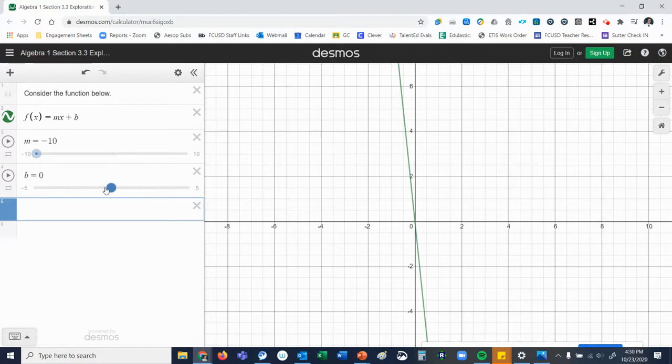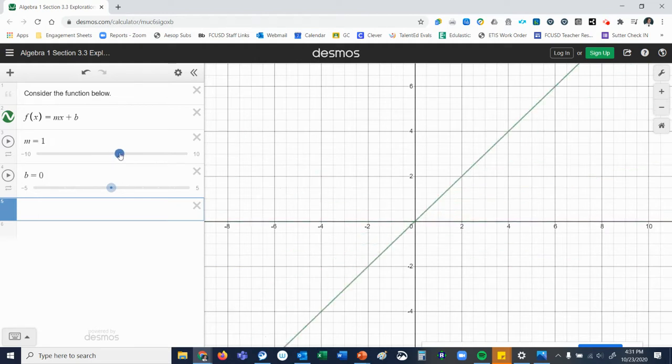I will provide this link in the notes so you can play with it yourself after you watch. So here I have a line. It's mx plus b, and I have this slider where I can change the m. Watching as it changes, notice that as I move it towards 0, it gets flatter and flatter.